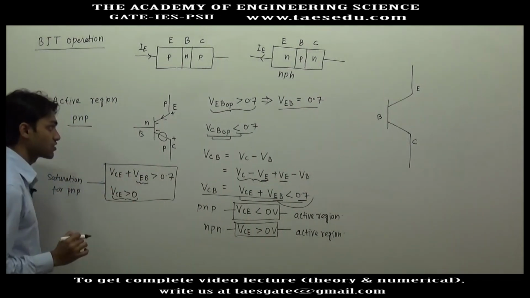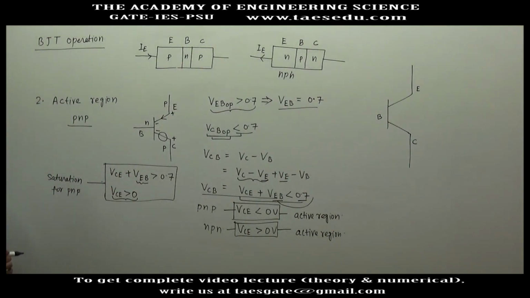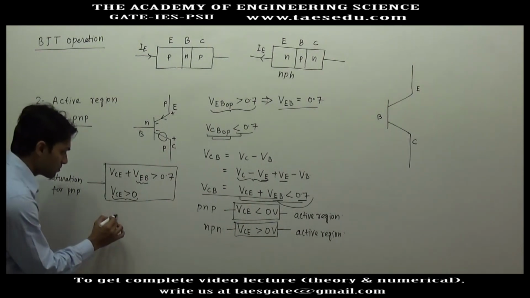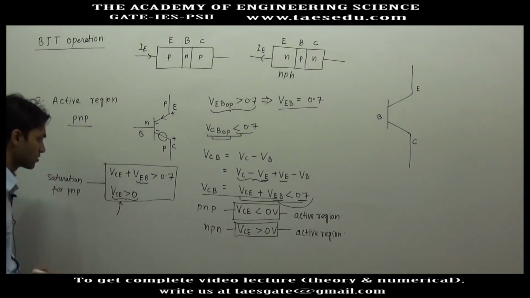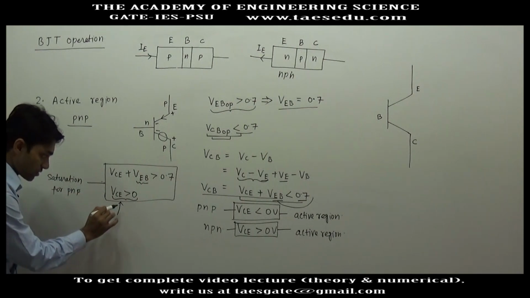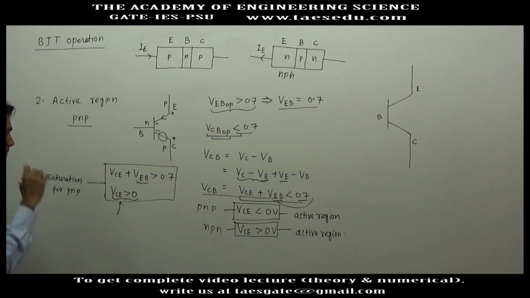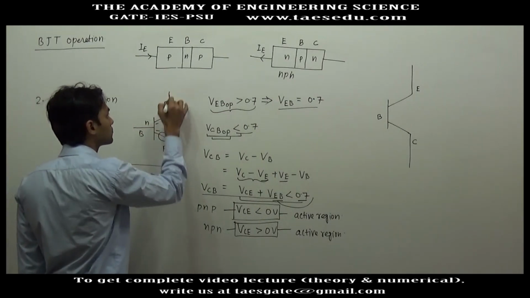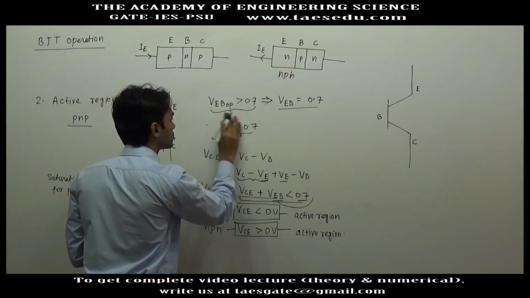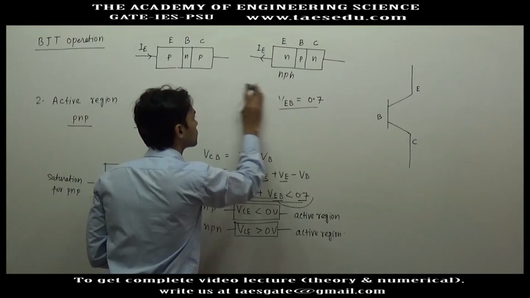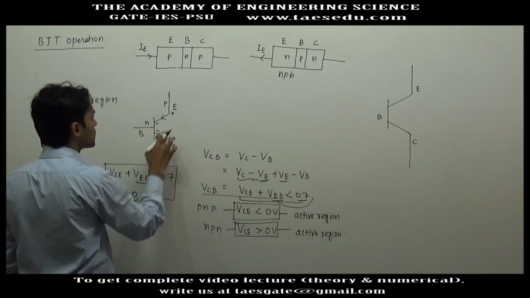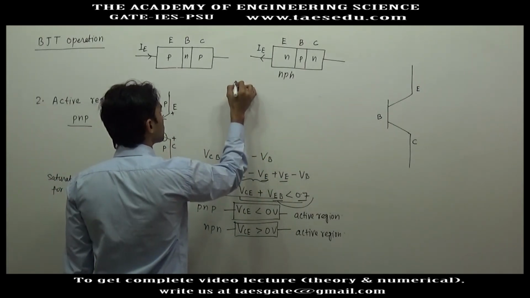But this is only a condition. This will not be the actual case when it is operating in saturation region. Let me tell you the basic reason why this can never be the actual condition. In case of the transistor, if both the junctions are forward biased, what will happen?